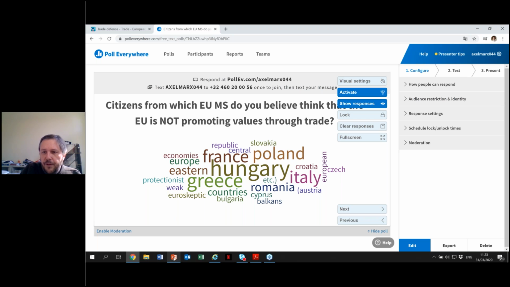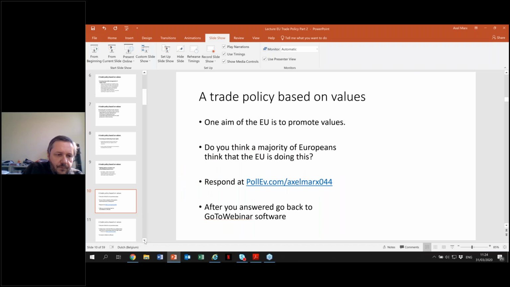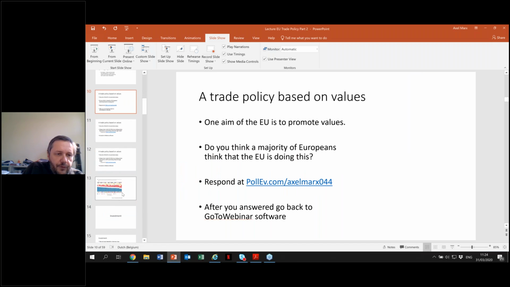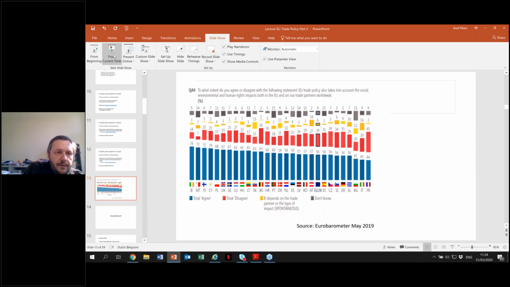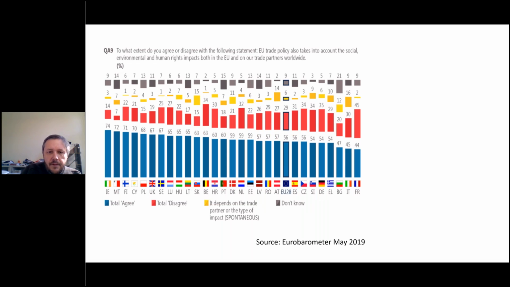So now, thank you very much for answering. Now, if we go to the responses, and these are results from a Eurobarometer, which tried to poll EU citizens on whether they thought that EU trade policy is also taking into account these values.